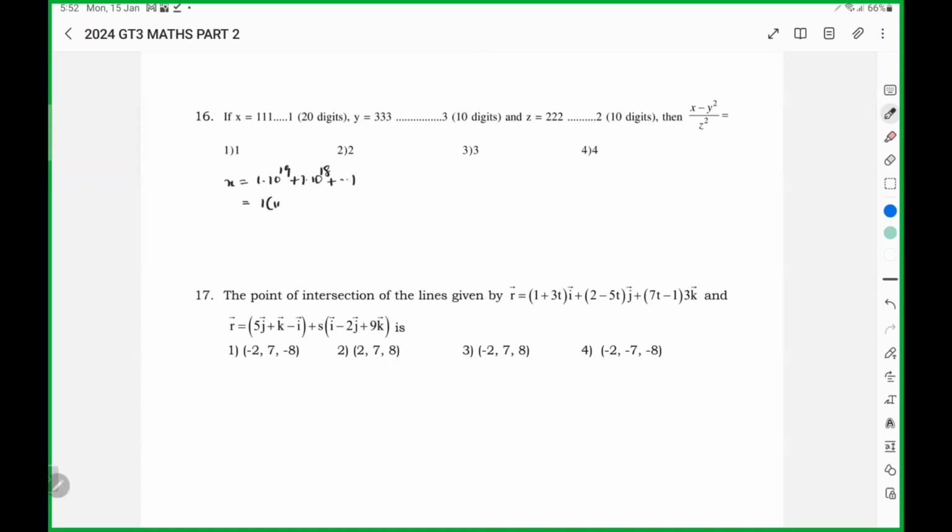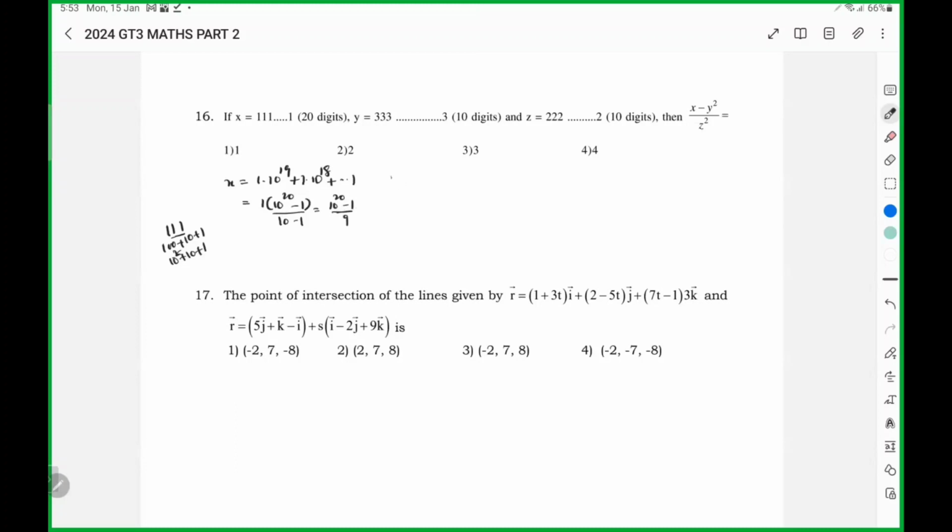So it is 1 into (10 power 20 minus 1) by (10 minus 1). Like here, 1 is there means 100 plus 10 plus 1, right? 3 digits are there, it starts with 2. 20 digits are there, it starts with 19, but the sum of all will give you (10 power 20 minus 1) by 9.